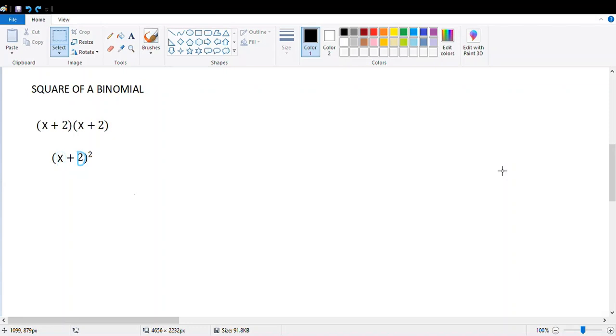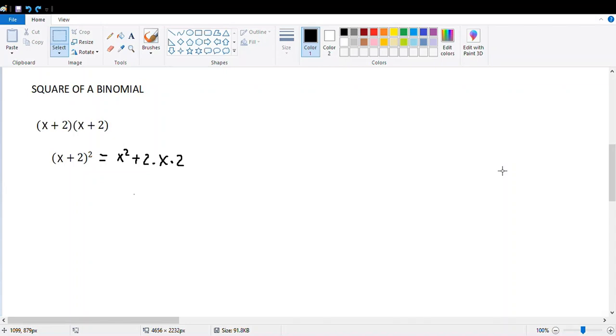Now let's start with the strategy. The strategy is the first term, in this case x, squared. Okay, first term squared. Now be careful with this. Plus is always plus. 2 is always 2 also. Okay, 2 times the first term, that in this case is x, times the second term, that in this case is 2.